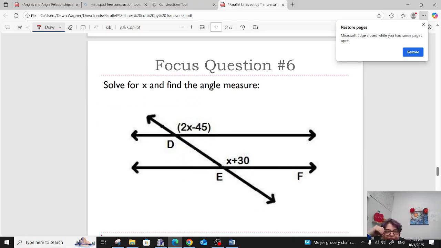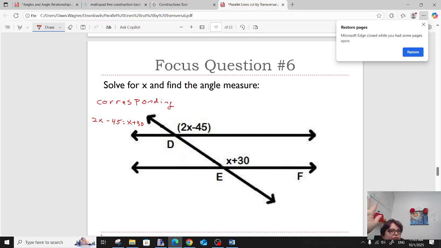Okay, over here, what are these called? These are corresponding again. So you would just set them equal to each other. Now, I will say, because some students get confused, yes, always your angle measures are going to be positive numbers, but sometimes you can get a variable of x being negative because when you substitute it into the angle, you still get a positive angle.